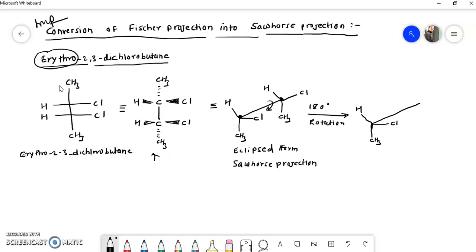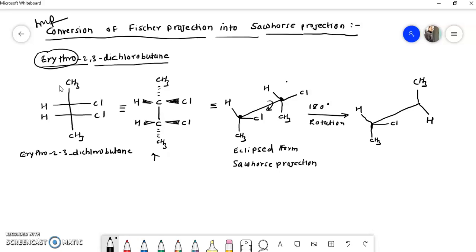Now what we are doing, we are rotating this CH3, H and chlorine by 180 degrees. So this CH3 will come here, this chlorine will come here, and this hydrogen will come here. So now this CH3 and this CH3 are on opposite sides.